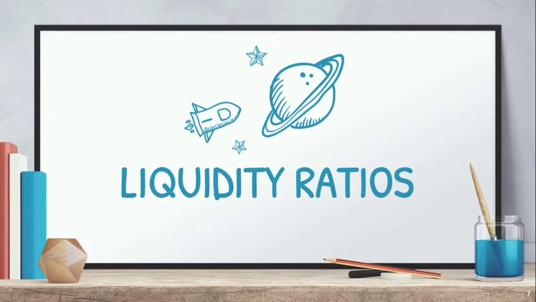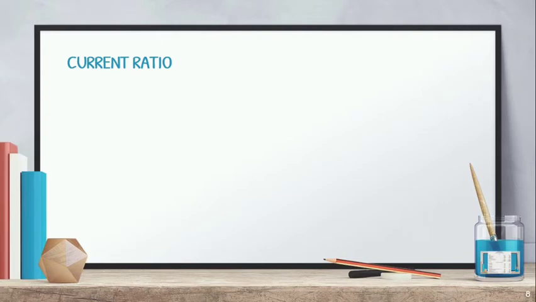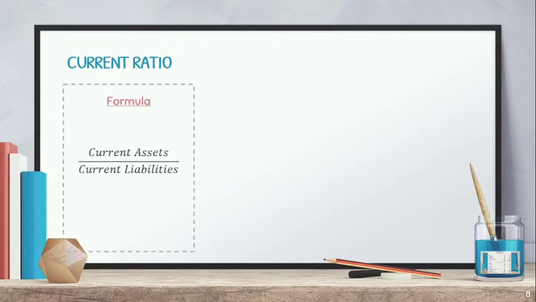Liquidity ratios can provide early signs of cash flow problems, and they also help us determine whether our current assets are enough to satisfy or settle our current liabilities. So the first financial ratio is the current ratio. Current ratio measures the ability to pay our current liabilities using our current assets. The formula is current assets divided by current liabilities. That's easy, right?